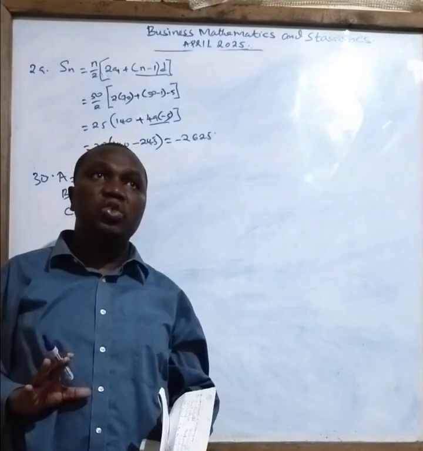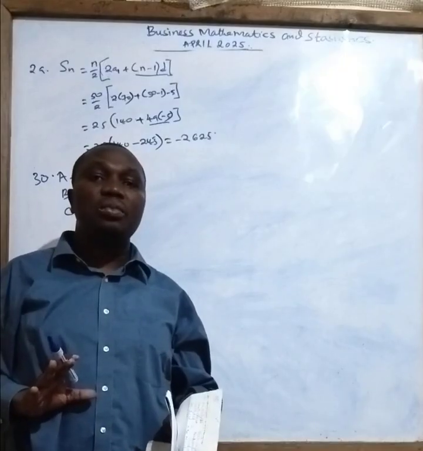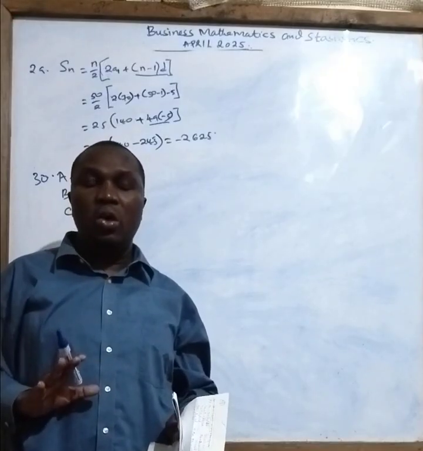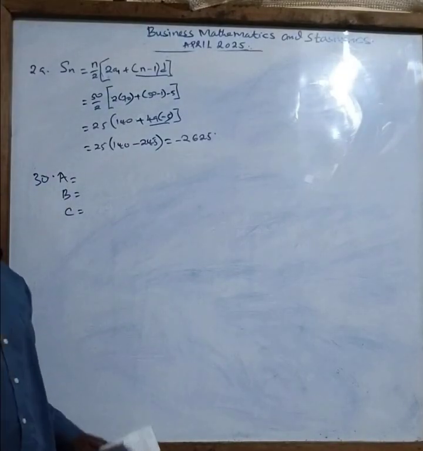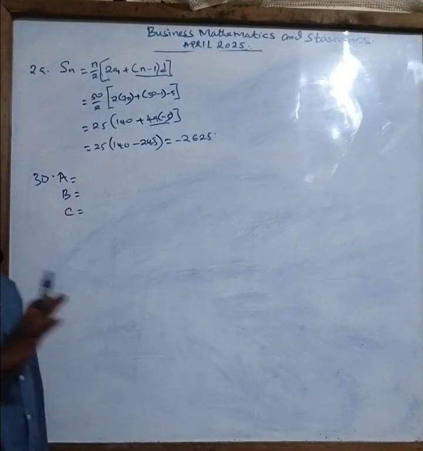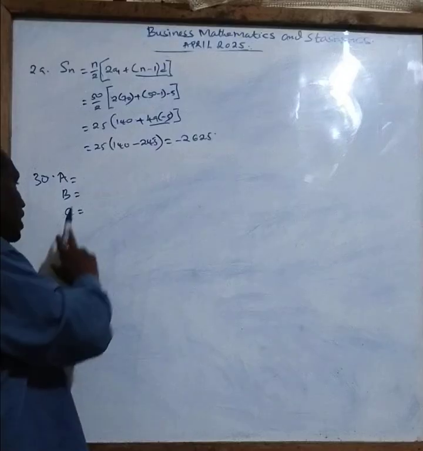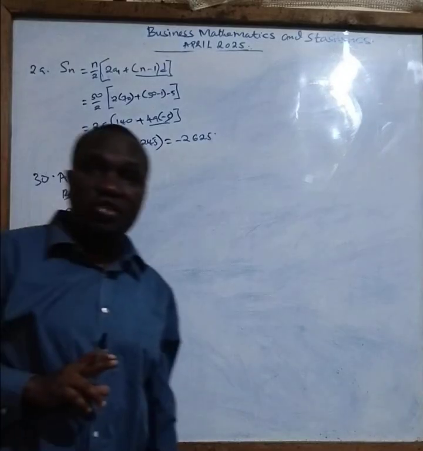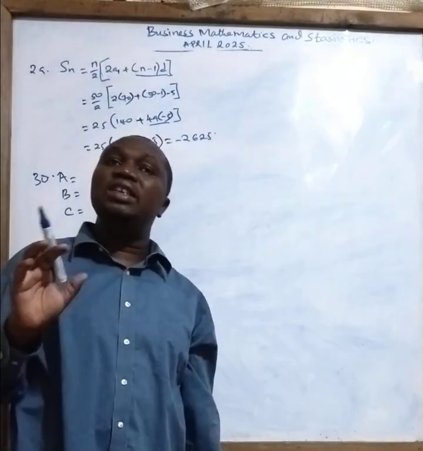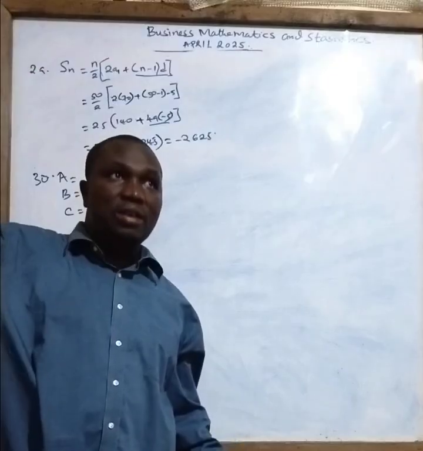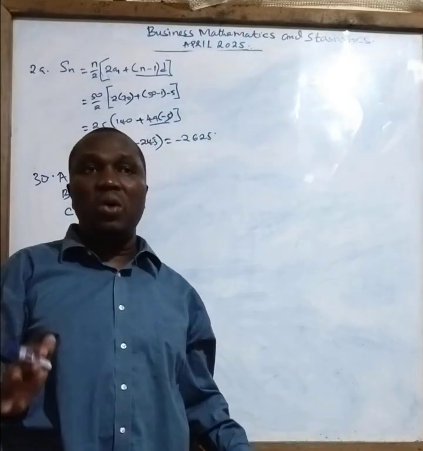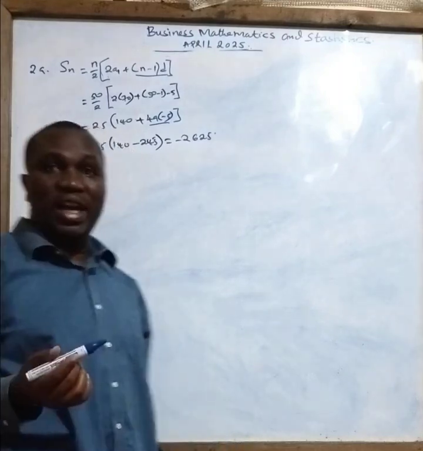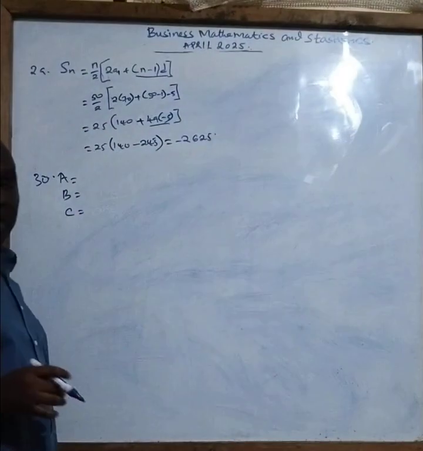The question says calculate the ratio of capital: how much will be contributed by partner A, by partner B, and by partner C. The second question asks for the difference between the highest amount contributed by a partner and the lowest amount contributed by another partner. For that case, we are going to solve this problem.